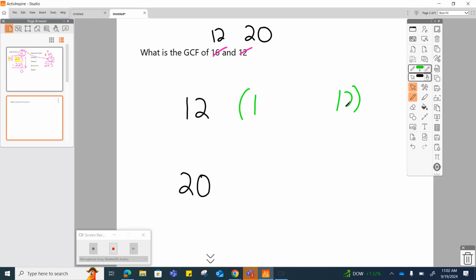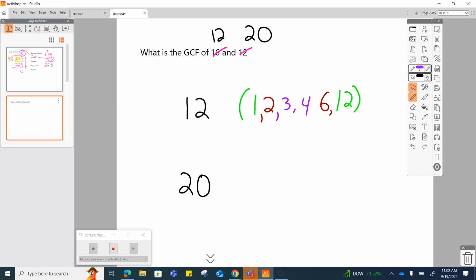If I'm using my multiplication chart, I can see that if I look at the 2 column, 2 times 6 is 12. If I look at the 3 column, I can see that 3 times 4 is 12. There's nothing in between 3 and 4, so those are my factors of 12.